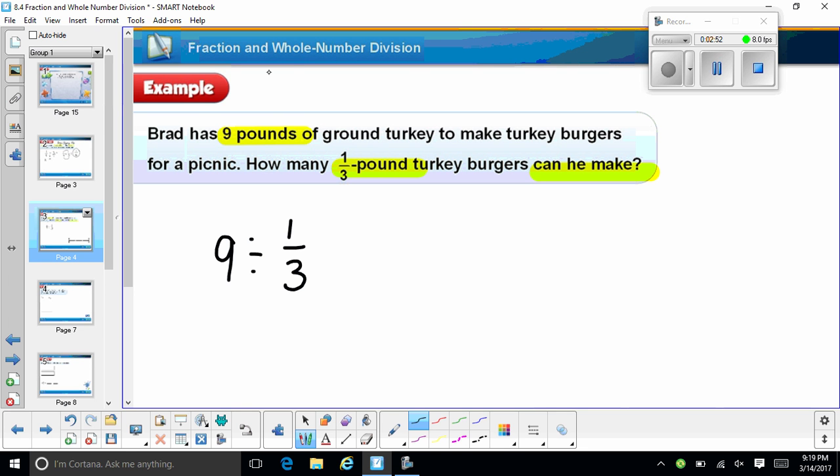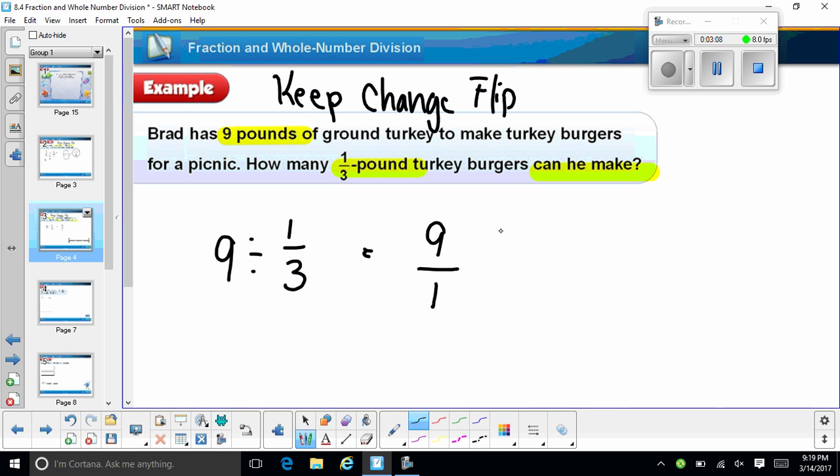So again, I'm going to keep, change, flip. I'm going to keep the 9, but I'm going to write it over 1. I'm going to change my division into multiplication, and I'm going to flip my second number.